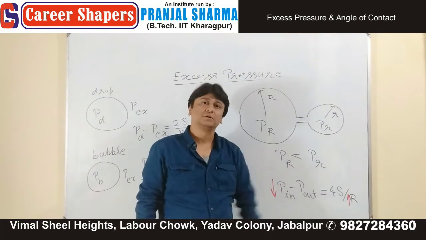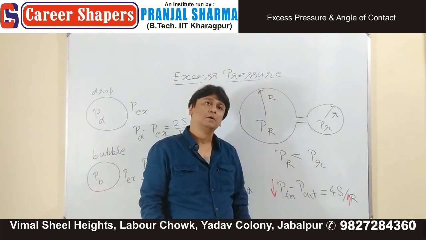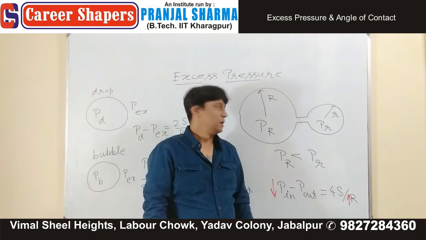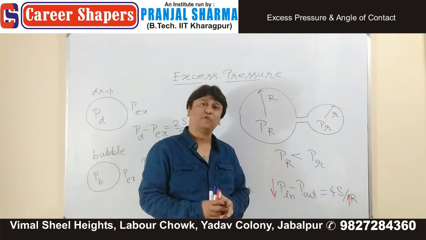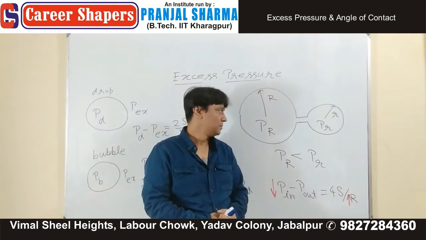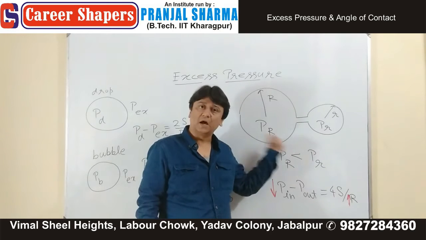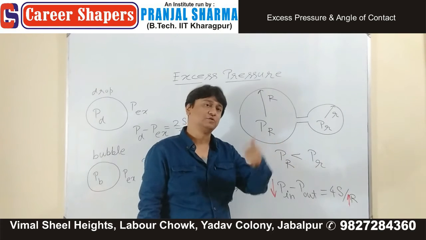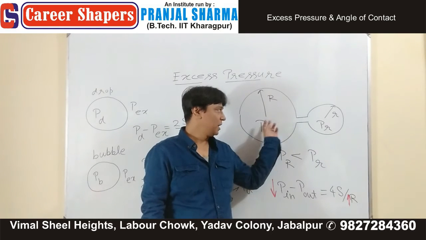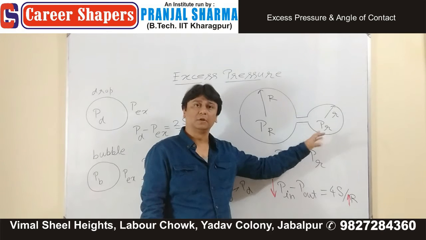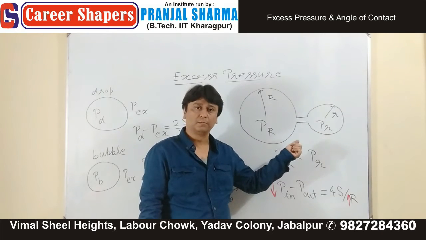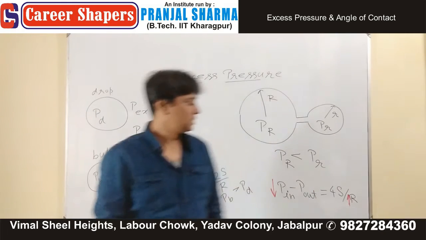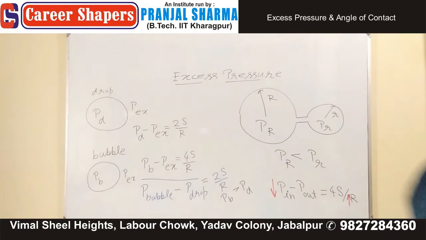The question is, which one of these two is going to inflate? Whose size is going to increase? Answer this fast. If a large and a small bubble are connected by a tube, then whose size is going to increase? Smaller one or larger one?